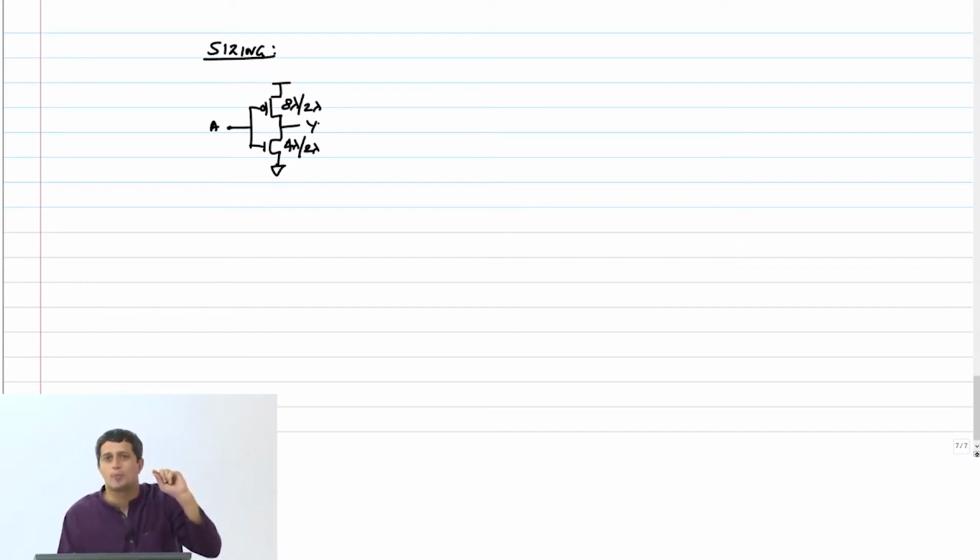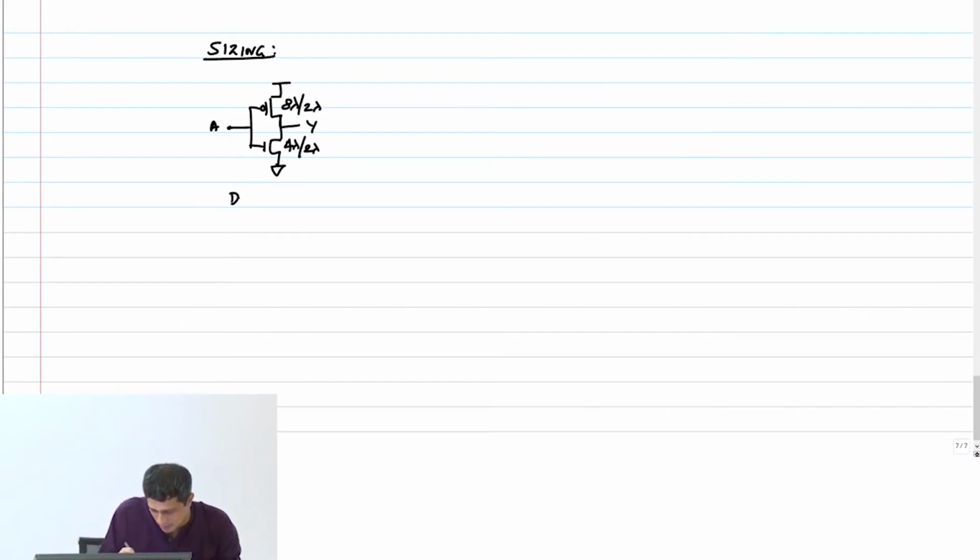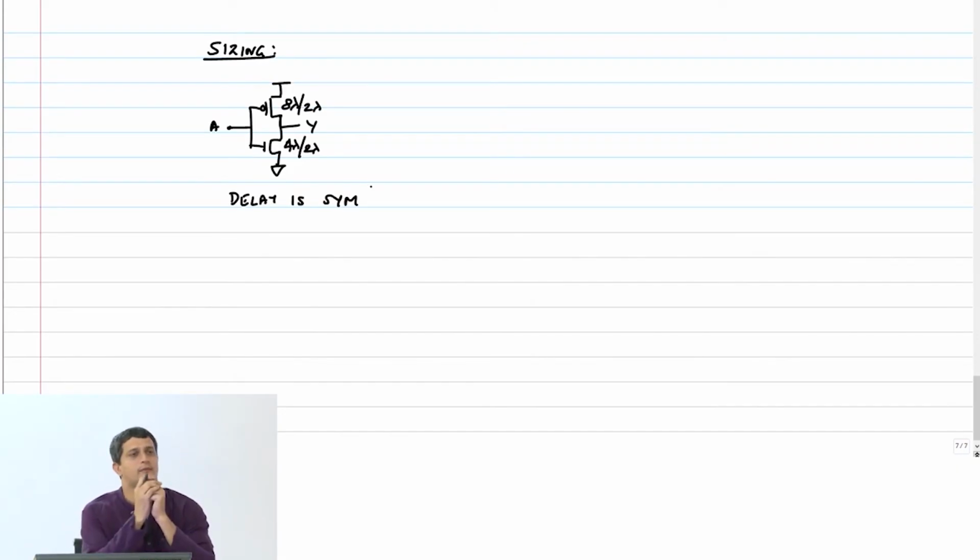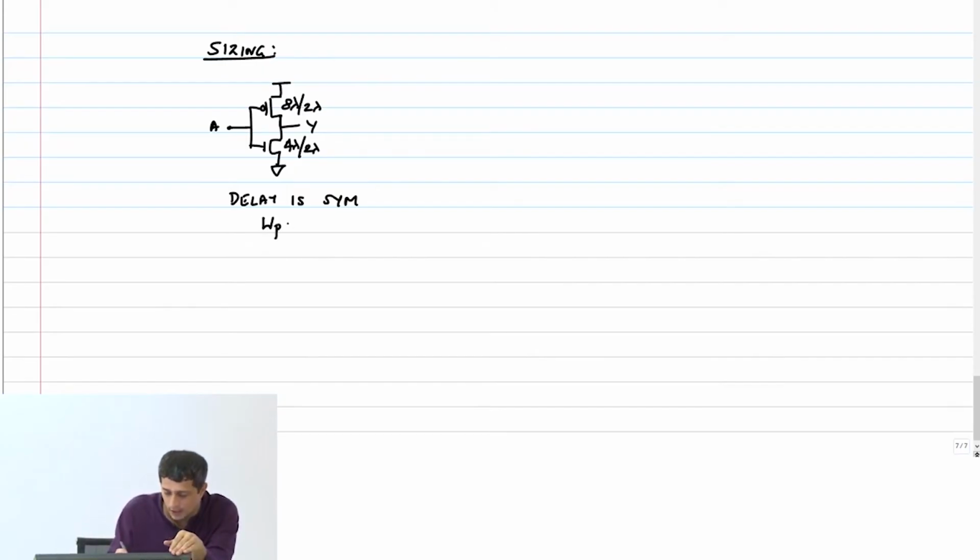So that the pull up delay and pull down delay are same, right? The delay is symmetric. That's the reason we made WP equals 2WN.